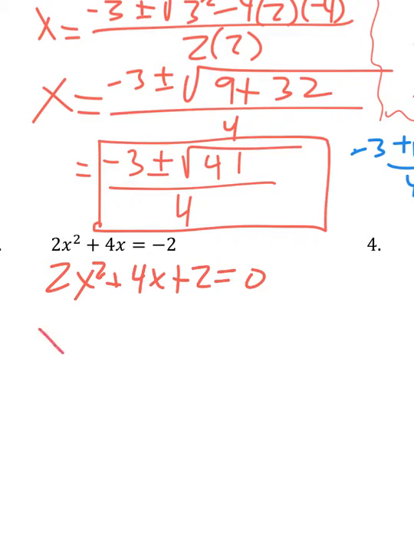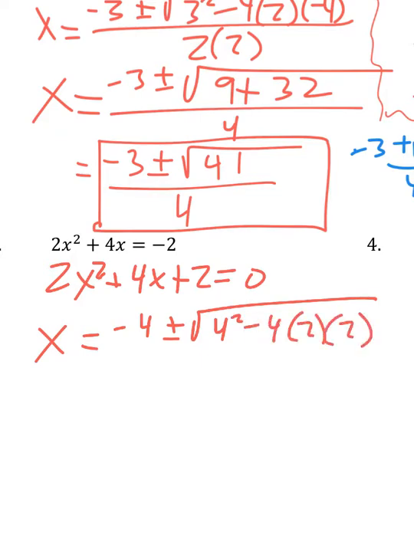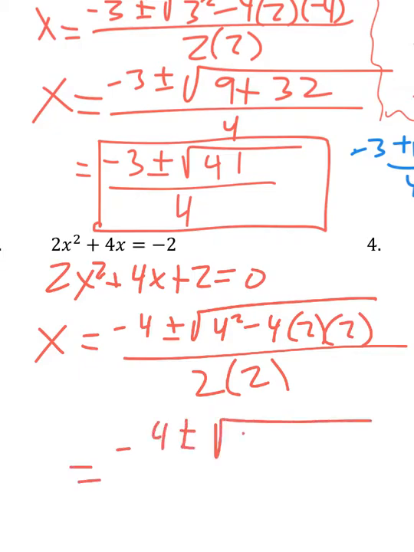So we've got x equals negative b plus or minus square root b squared minus 4ac all over 2a. Okay, we have negative 4 plus or minus the square root. We've got 16 minus 4 times 2 times 2. Is that also 16?